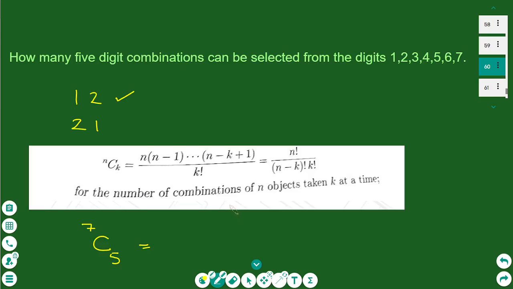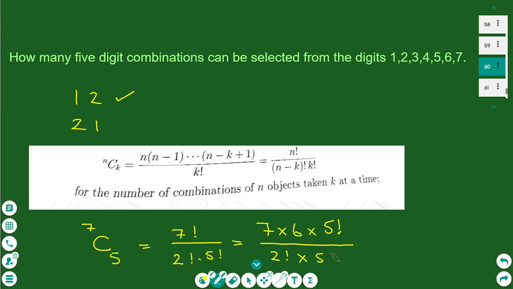So the 5-digit combinations out of 7 numbers is 7 factorial over 7 minus 5, which is 2 factorial, times 5 factorial. 7 factorial is the same as 7 times 6 times 5 factorial. And the 5 factorial cancels out. So we do 7 times 6 divided by 2. So this is 21 combinations.